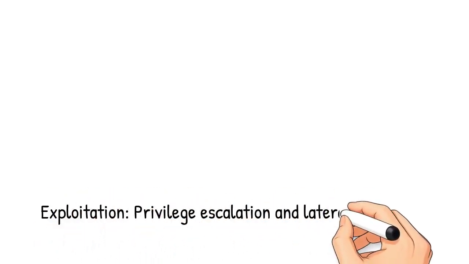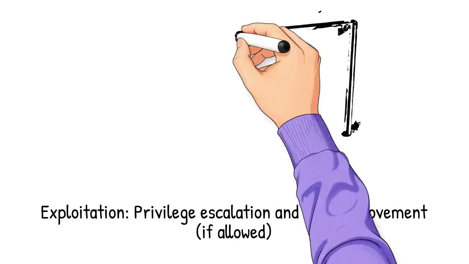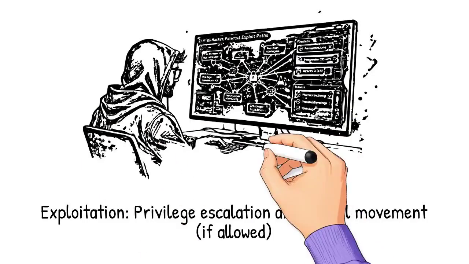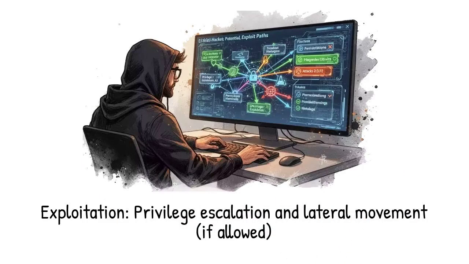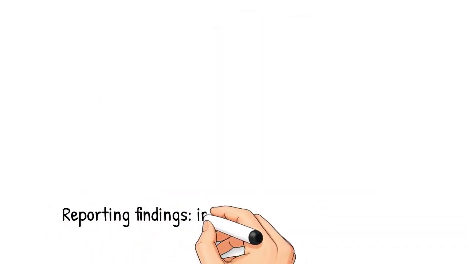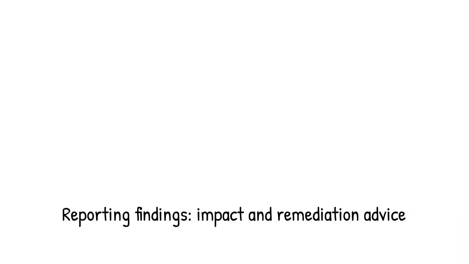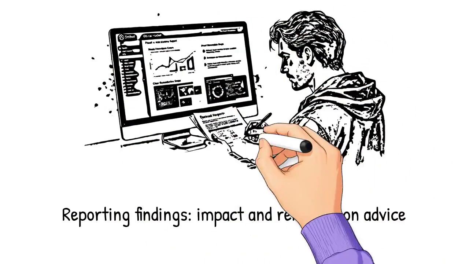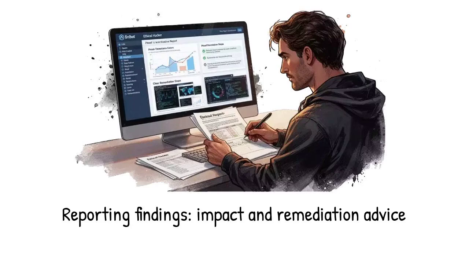Exploitation, if allowed. If the scope permits, ethical hackers attempt privilege escalation, lateral movement, data access, persistence. This shows the real impact of vulnerabilities. 6. Reporting. Ethical hackers provide detailed findings, proof of exploitation, business impact, remediation guidance. This is the most valuable part of the engagement.